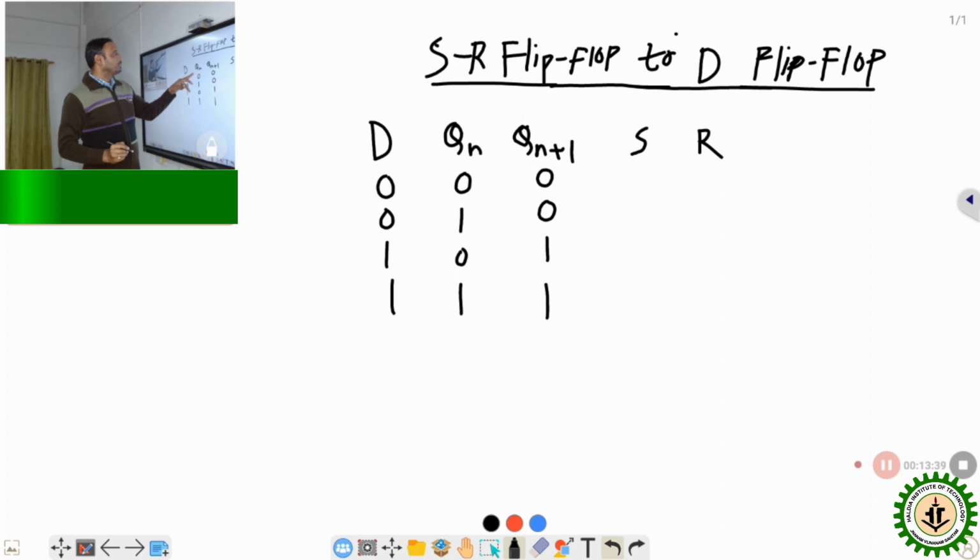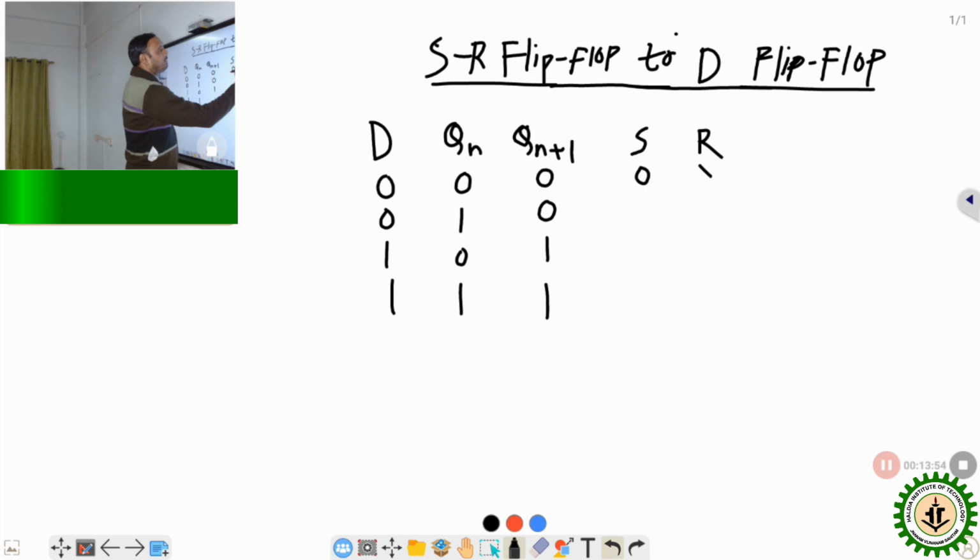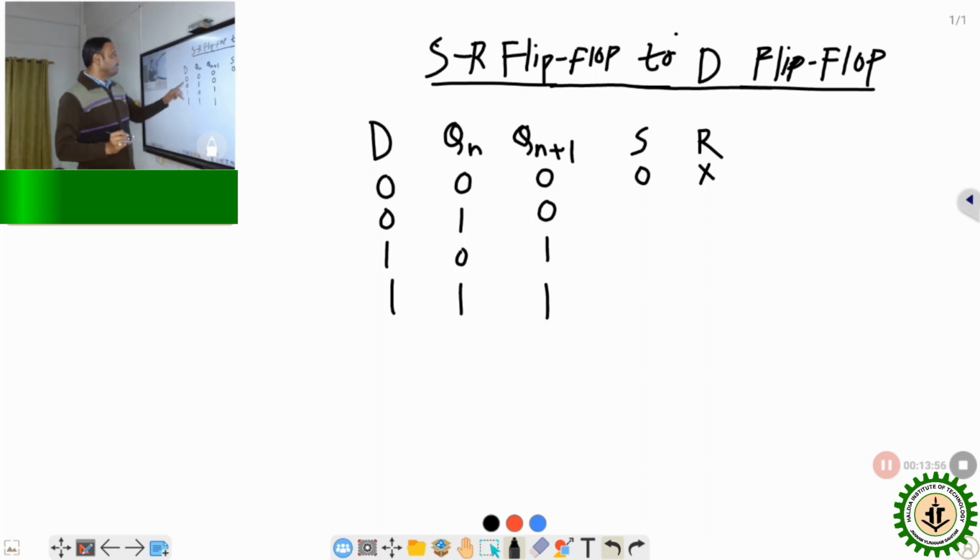0 0. So present input is 0, present output is 0, next output is 0, in which case that means it is either 0 0 or 0 1. That means 0 don't care. 1 0, in which case that means next output is 0.